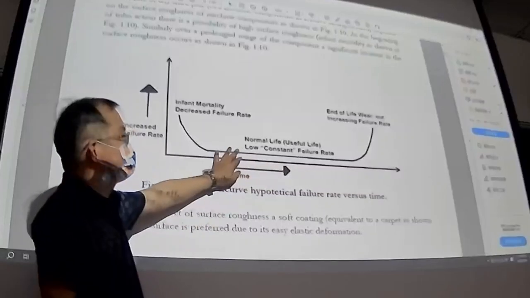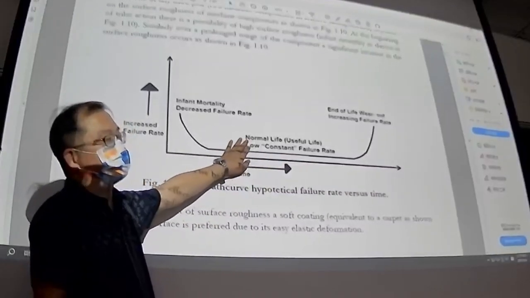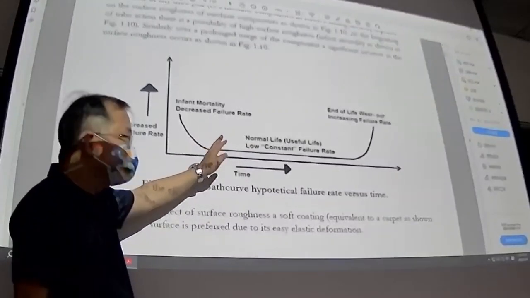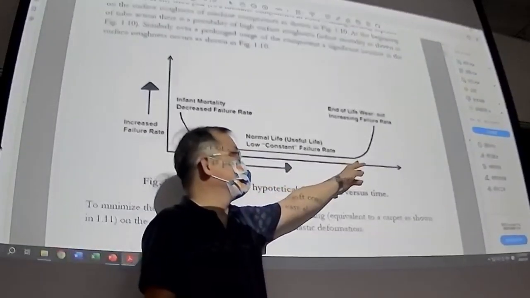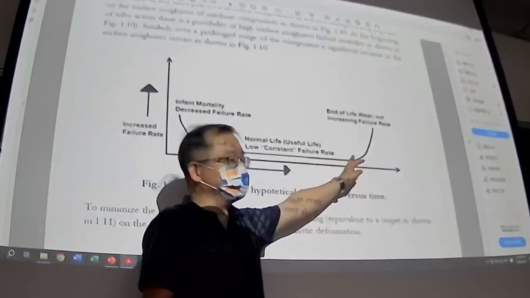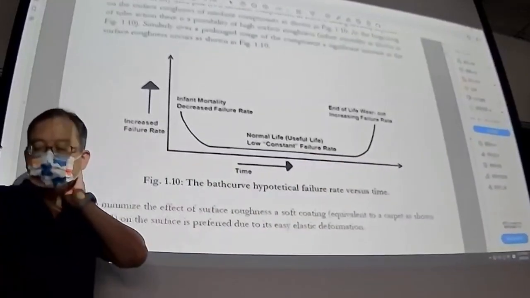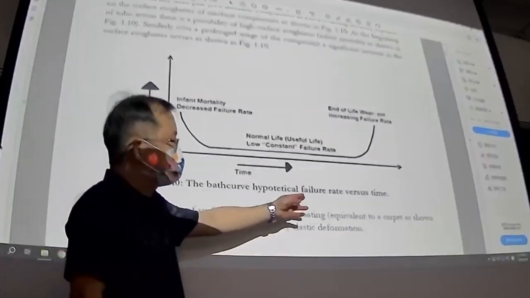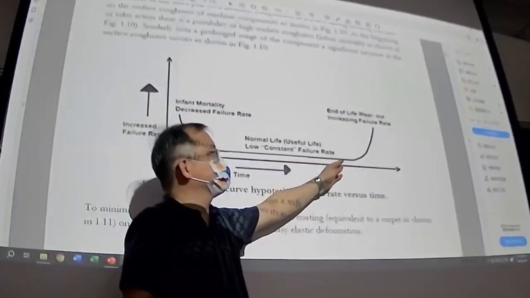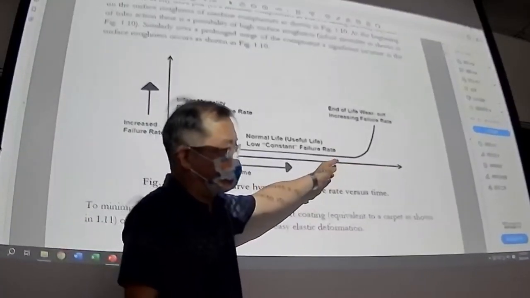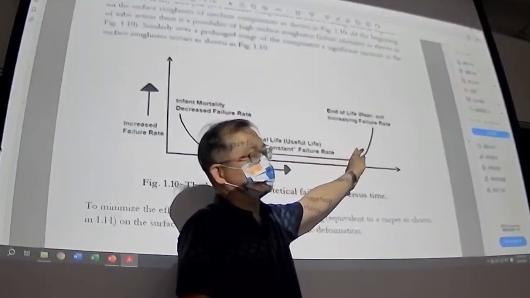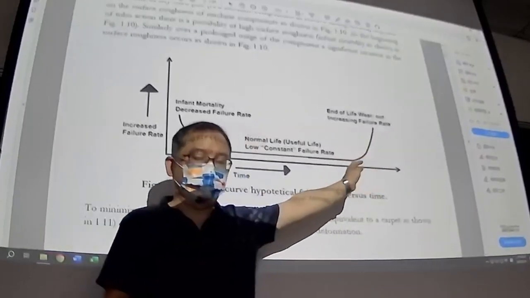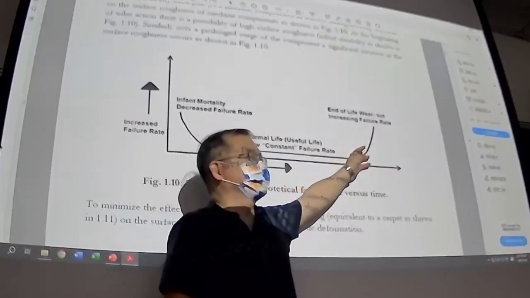So this is the useful life of this mechanical device, and after a certain period of time, usually after the long service life, you will have mechanical wear in your component, and in the end you will have a very high failure rate.